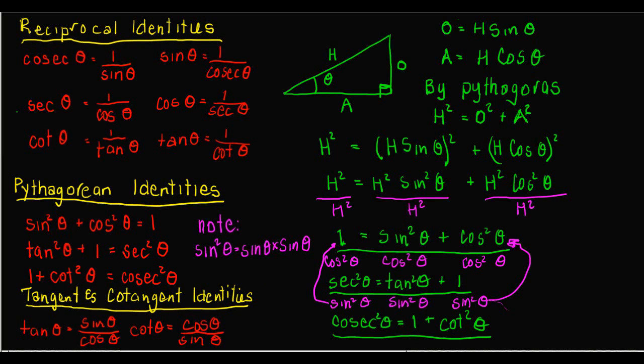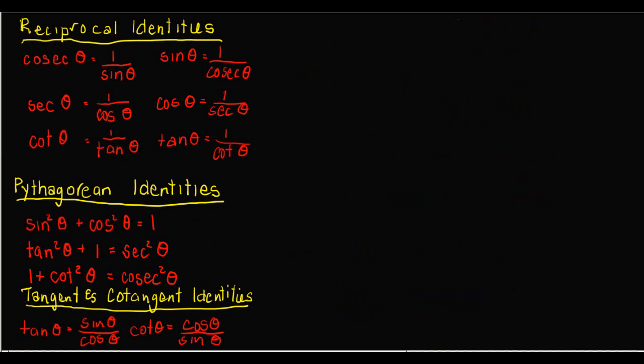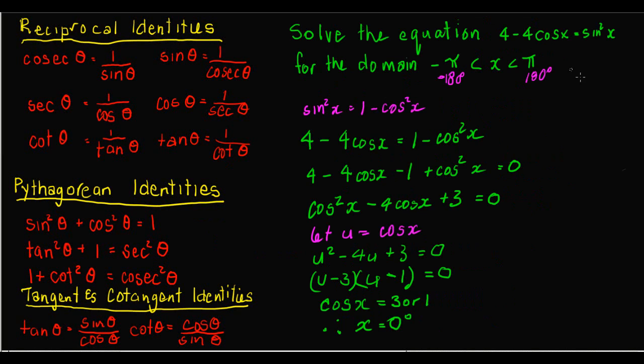So let's see what we can perhaps do with this. We'll turn off that layer there, and we'll turn on this next one. So here we are, solving the equation 4 minus 4 cos x equals sine squared x. For the domain, now the domain is the extent of the x values.